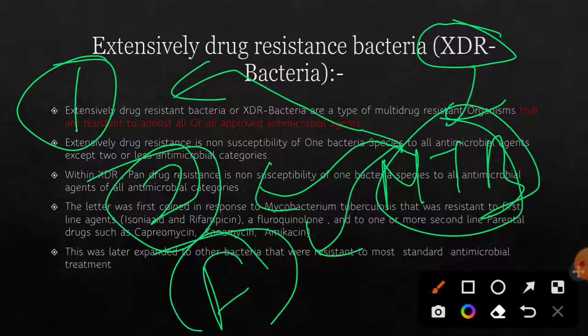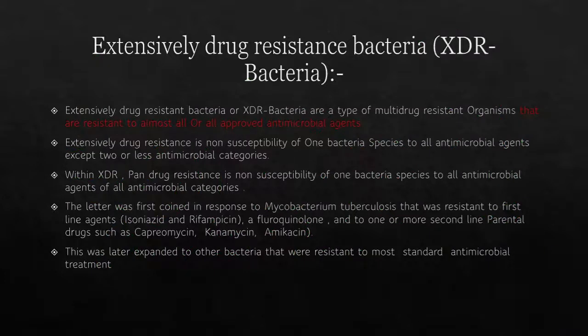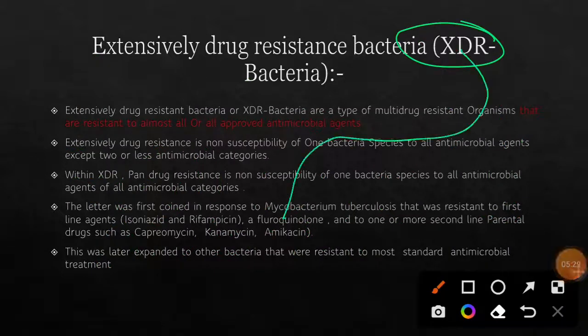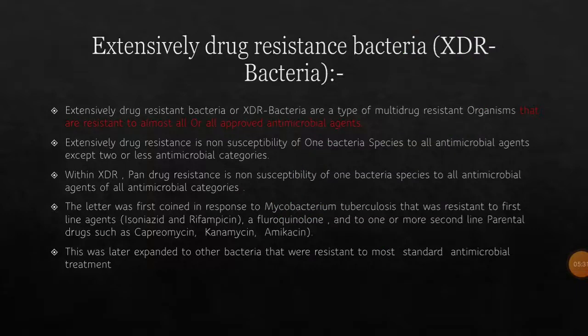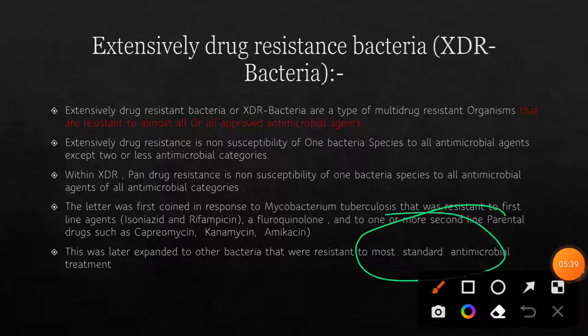Second line injectables are amikacin, capreomycin and kanamycin. Under such circumstances we used the term XDR first. Later it was expanded to other microorganisms that have developed resistance to the most important and common standard antimicrobial treatment.